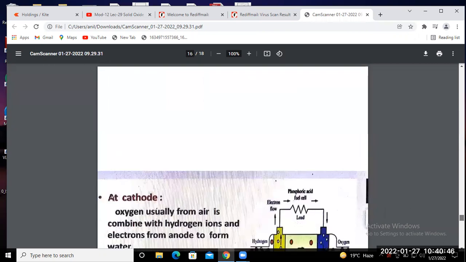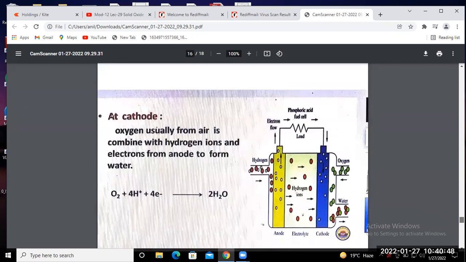At the cathode terminal, you will find the oxygen, usually from air, combined with hydrogen ions and electrons from the anode to form water. So here you will see the production of water: oxygen and hydrogen ions from this side, with the electrons, make the chemical reaction and produce water.